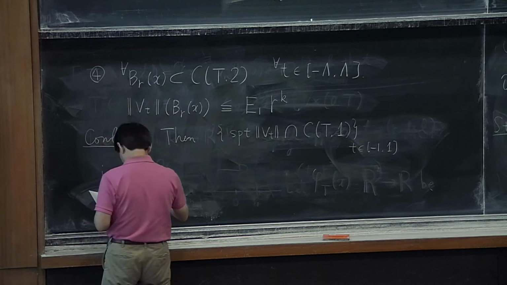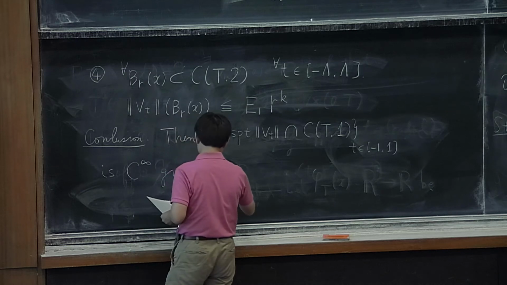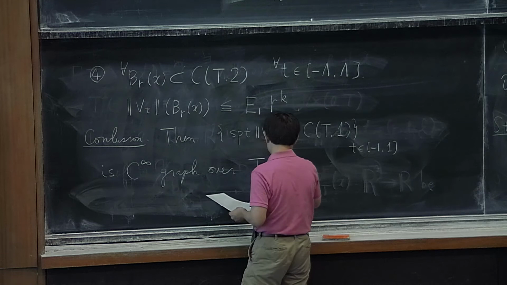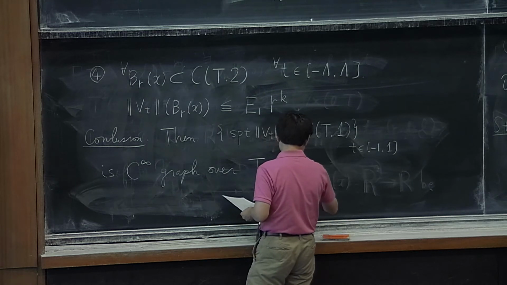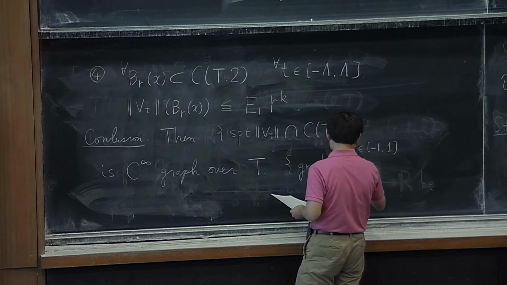Okay, a C infinity graph over the t. Say, maybe I should say graph of f dot t or something.